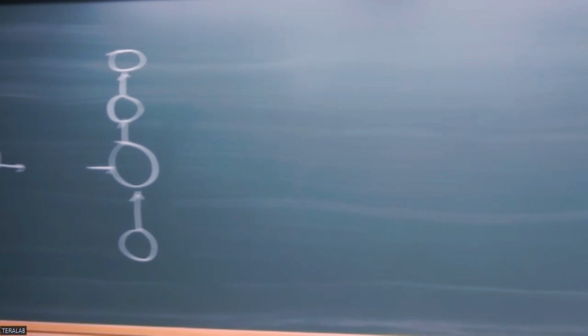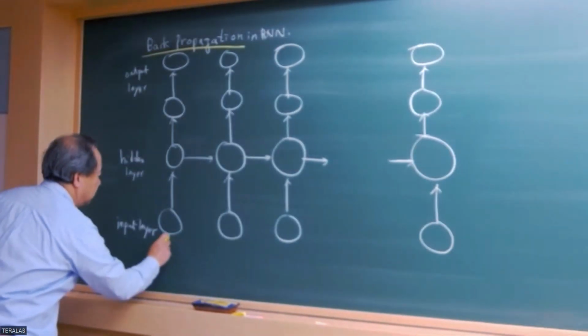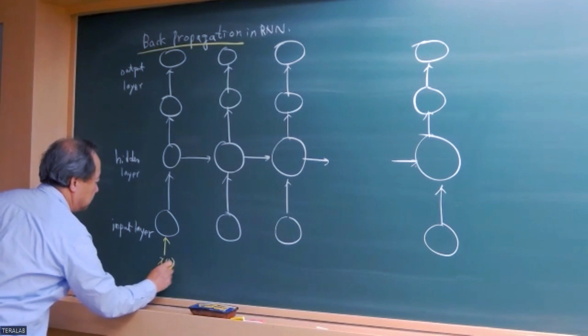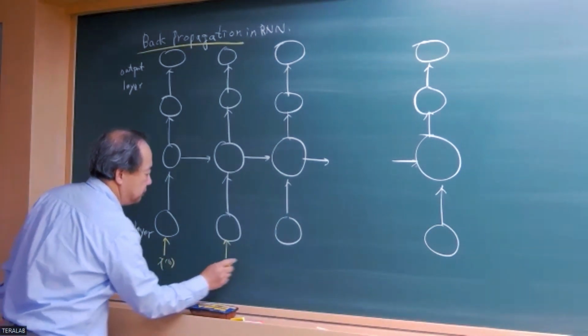This is the overall architecture of RNN. I would like to briefly overview the RNN architecture again. We have an input vector at each time step.